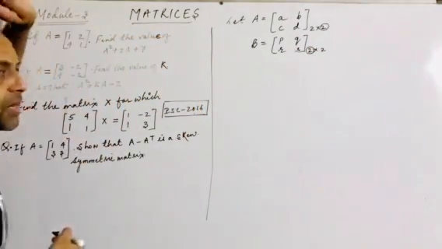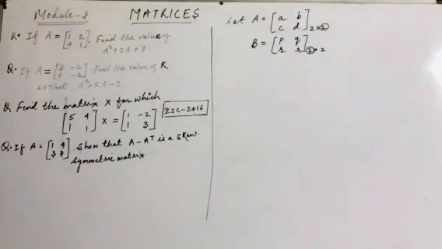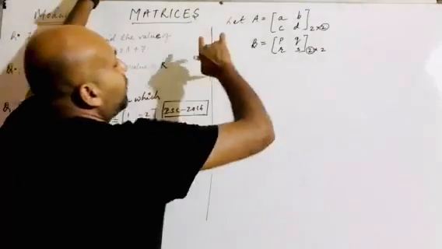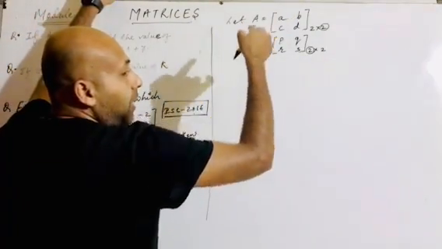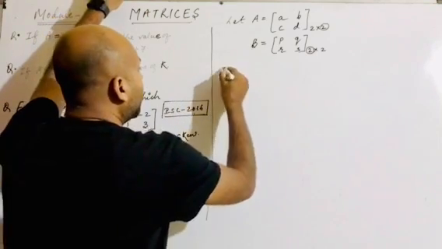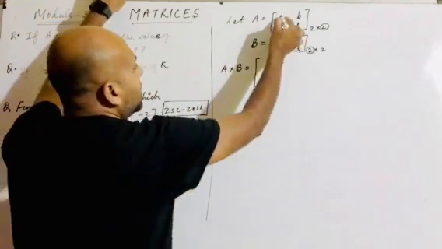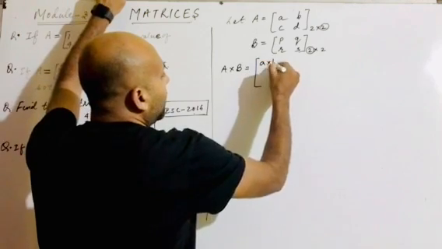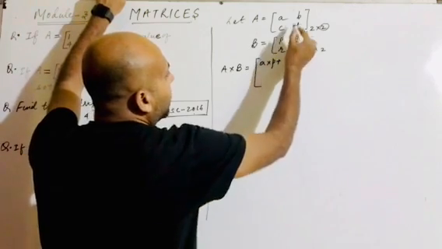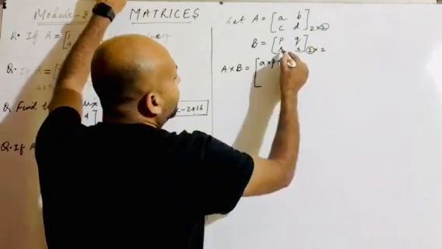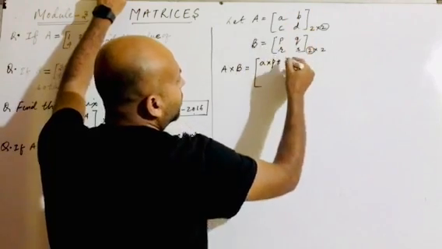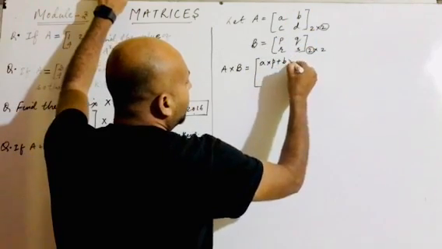As we have already studied in standard 10, the process of multiplication is like this. The first row elements will be multiplied to the first column elements. A into B will be equal to: first a will be multiplied to p, so I am writing a into p, then a plus sign, then b will be multiplied to r.